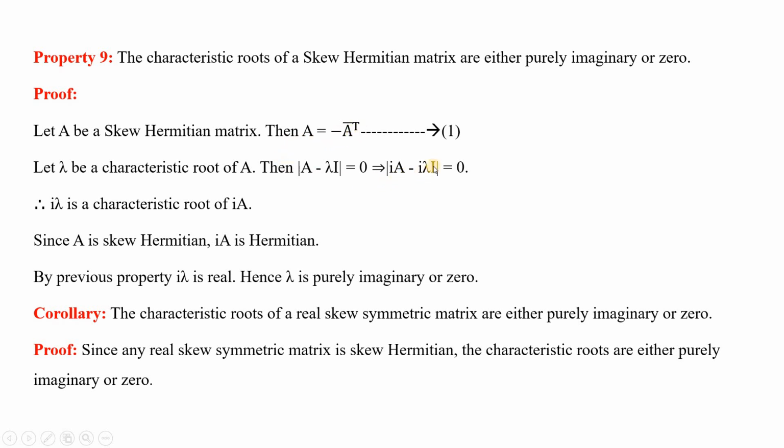So from this equation we get that i lambda is a characteristic root of iA. Since A is skew Hermitian, iA is Hermitian. So by the previous property, i lambda is real, which means lambda is purely imaginary or 0. So from this we can say that the characteristic roots of a real skew symmetric matrix are either purely imaginary or 0.